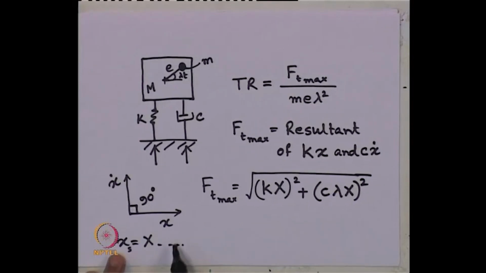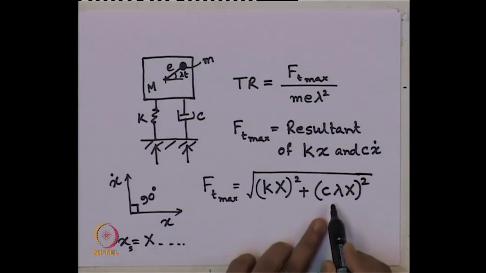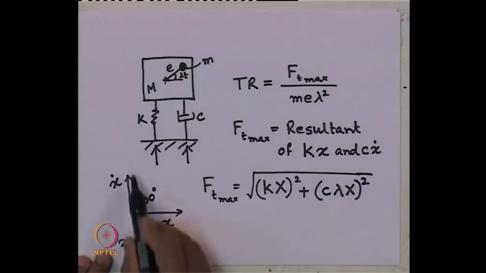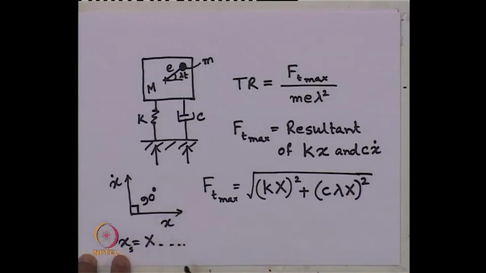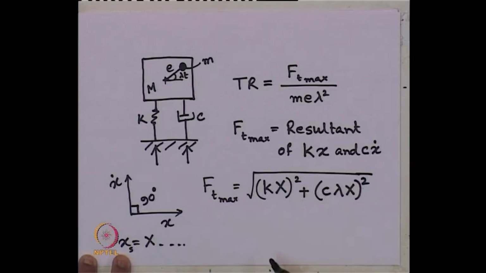The velocity will come, the lambda factor involved in the harmonic function will come out. So, lambda times x will be the amplitude of the velocity. So, the maximum value of the velocity term will be c times lambda times x. Now, these are the two forces acting orthogonal to each other. So, the resultant of them should be just the root over the sum of squares of these two forces. So, that is the resultant maximum force which is getting transmitted to the base of the system.